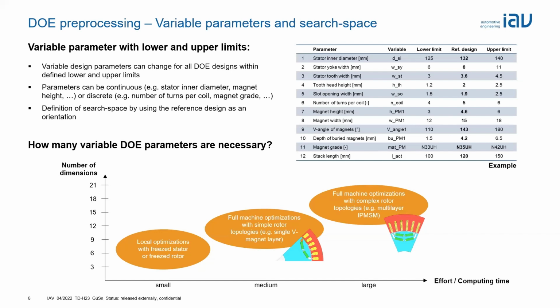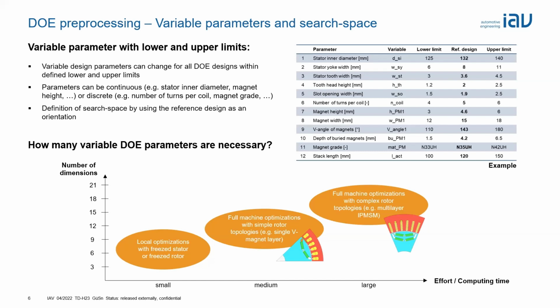Here we have just a small amount of dimensions and also a small computing time. A more typical application would be to have a full machine optimization with simple rotor topologies, such as single V layers. Here we have around 12 to 15 dimensions with a medium effort.